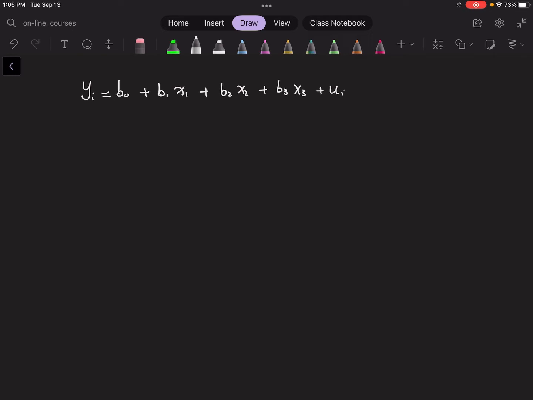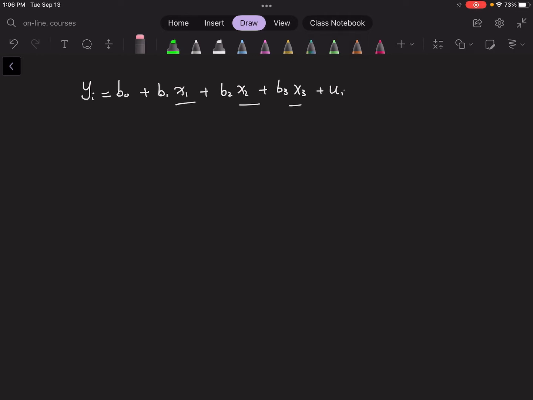This is a linear regression equation. And you are thinking x1, x2, x3 can explain some variation in y. You want to know why there's some variation in y. You're using x1, x2, x3 as explanatory variables.